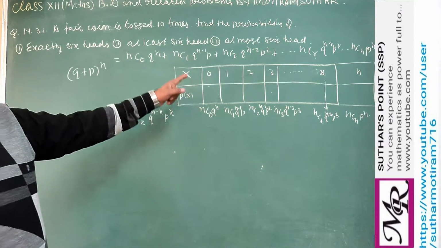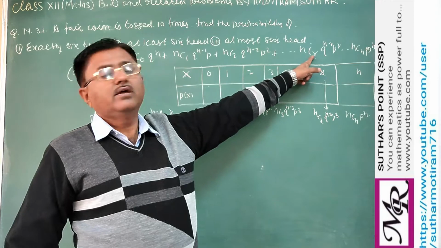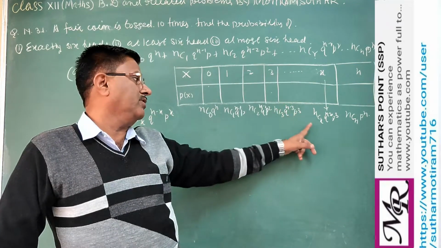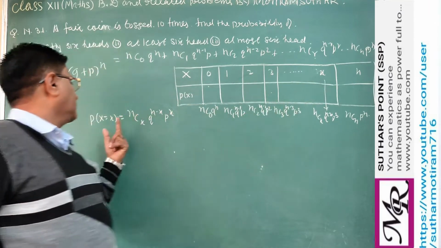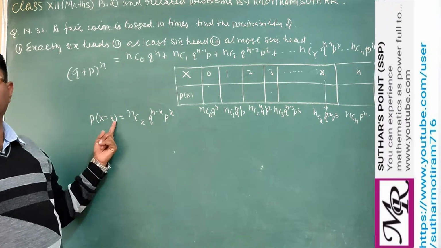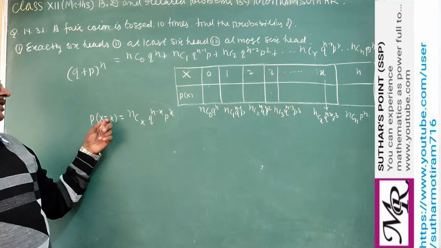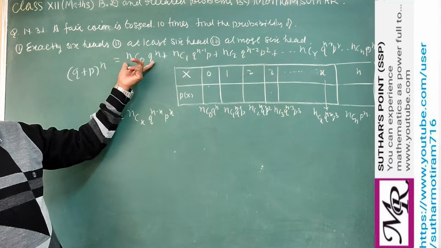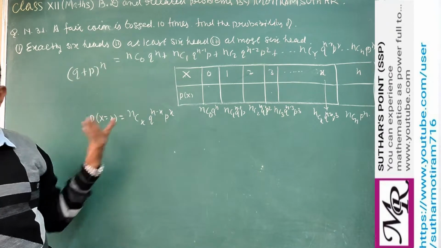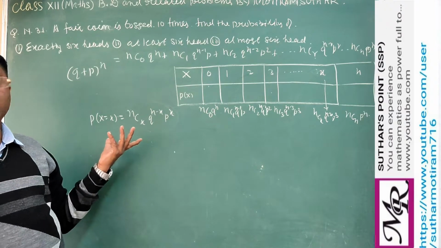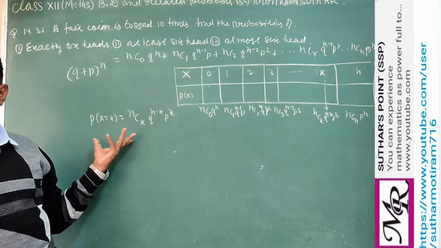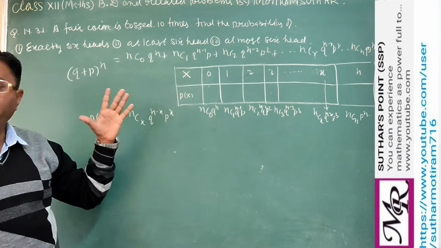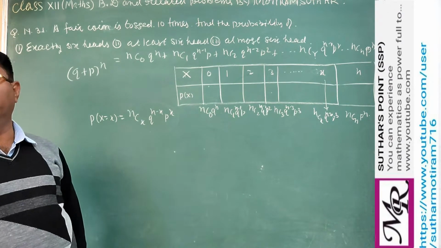Whatever we are using here as r, in the case of probability we are taking as x. Clear? Because we are writing P of X equal to x, so the variable here is x. So in the binomial theorem we say the r-th term, here we say the x-th term. If you want to find the probability of x successes, that is the x plus 1 term of the binomial.